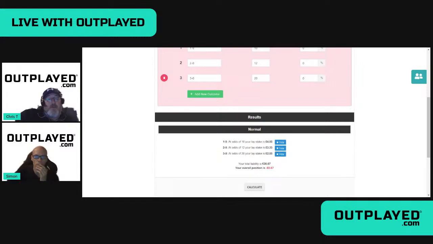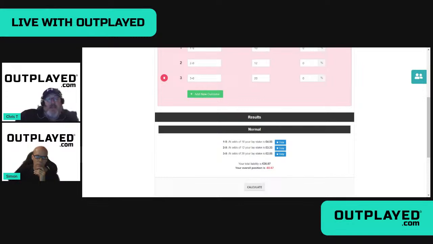So on the correct score of 1-0, odds of 10, we'd have to put a lay stake of £4 on there. On the 2-0, we'd need to put £3.33, and at 3-0, we'd have to put a lay stake of £2. That would then give a total liability of £30.67, which you'd get your shared liability for as well, because it's all on the same outcomes of the game.